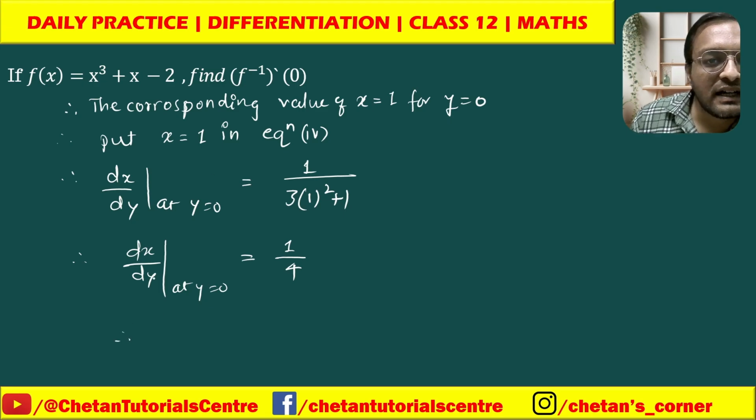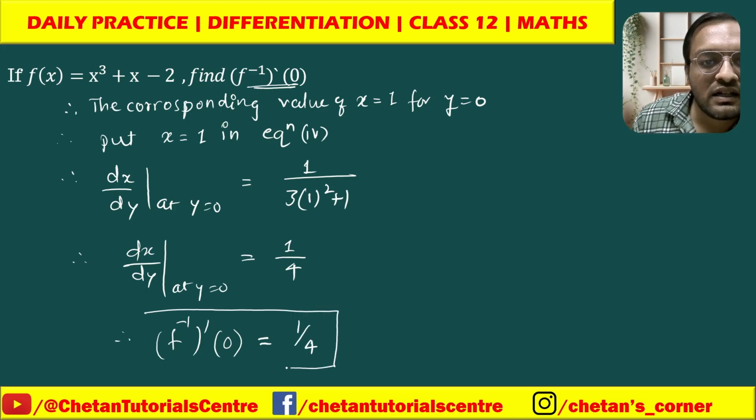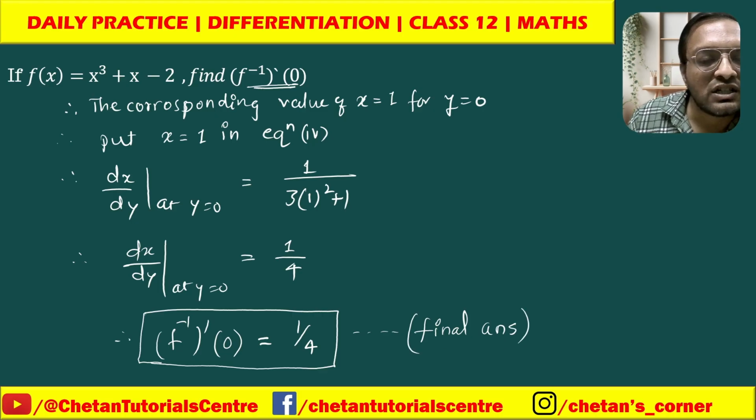Therefore, I can write it in this way. f inverse dash of 0 is equal to 1 upon 4, which is our required answer, or you can say this is the final answer. In this way, we solve this type of question.